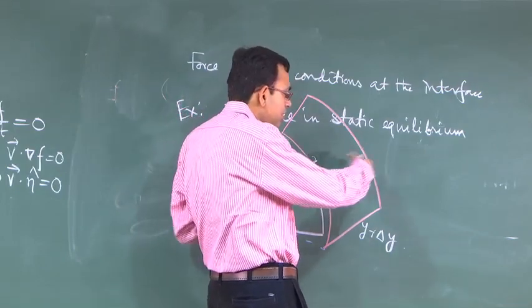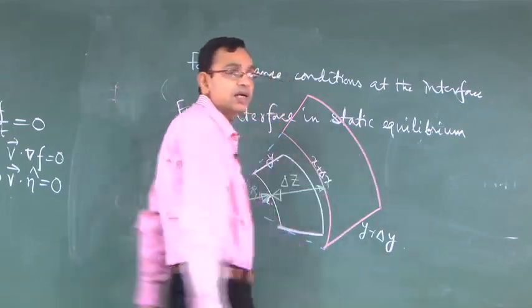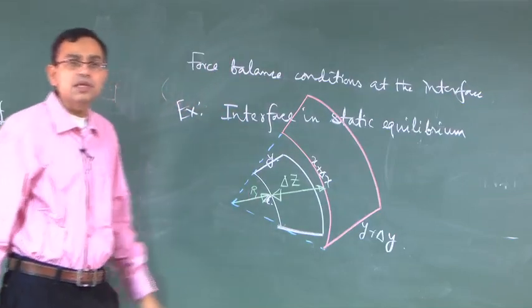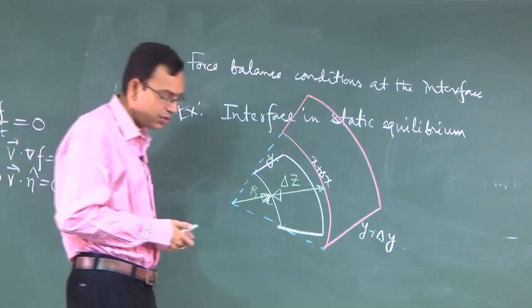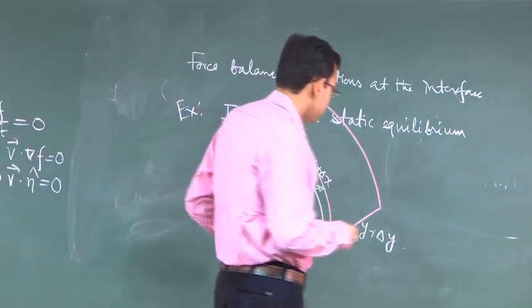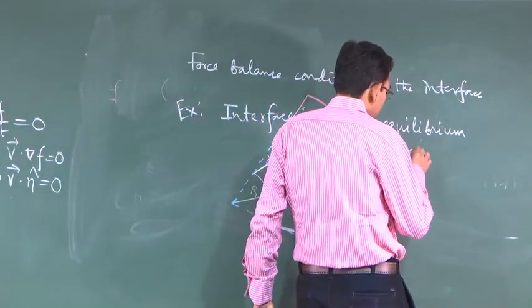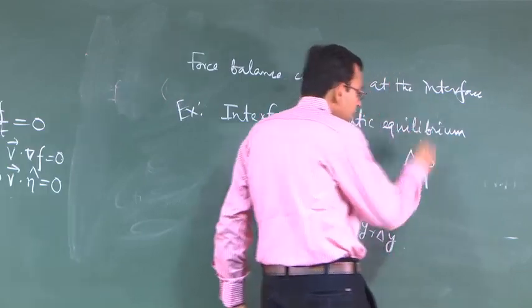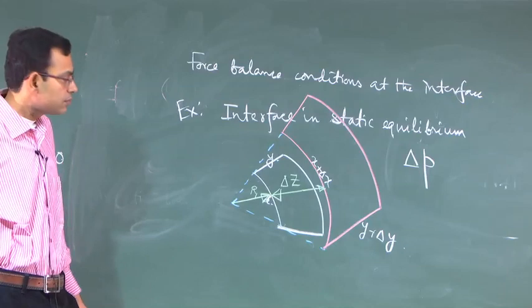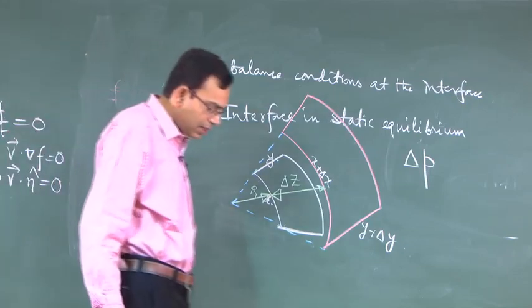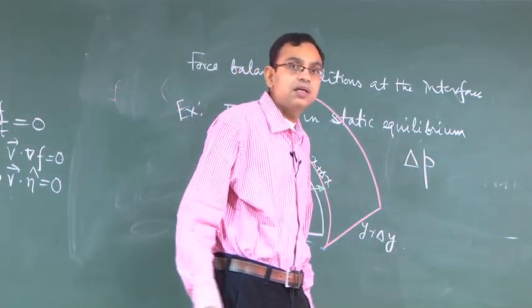Actually, because of the curvature of the membrane, there is a pressure difference across the interface, and we will soon see why this curvature gives rise to a pressure difference across the interface. So, for the time being assume that delta P is the pressure difference across the interface.